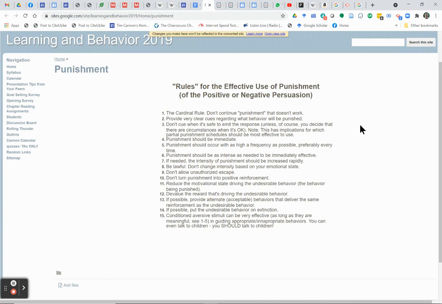You should be looking for ways to encourage appropriate behavior and discourage inappropriate behavior by means of motivational changes and having appropriate behaviors be reinforced.